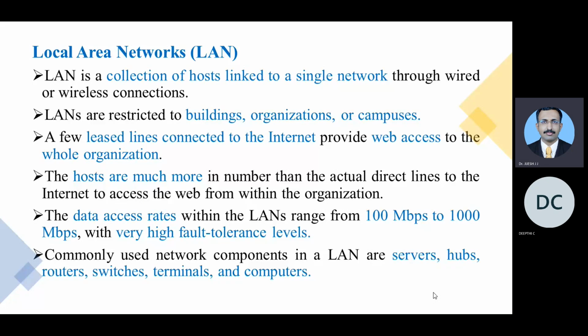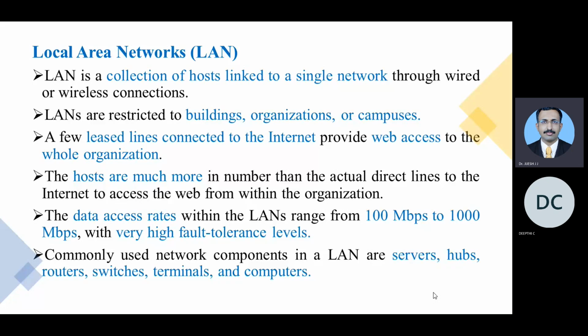The hosts are much more in number than the actual connections to the internet access within the organization. Then data access. When you do the data transfer over LAN cables, you can have a better performance.